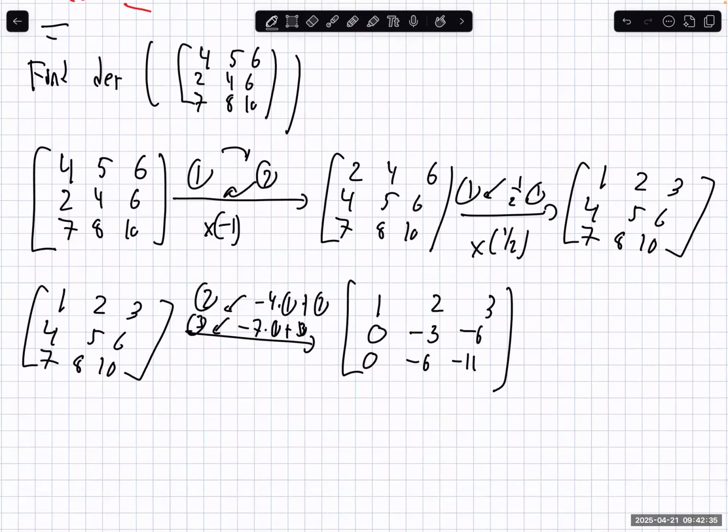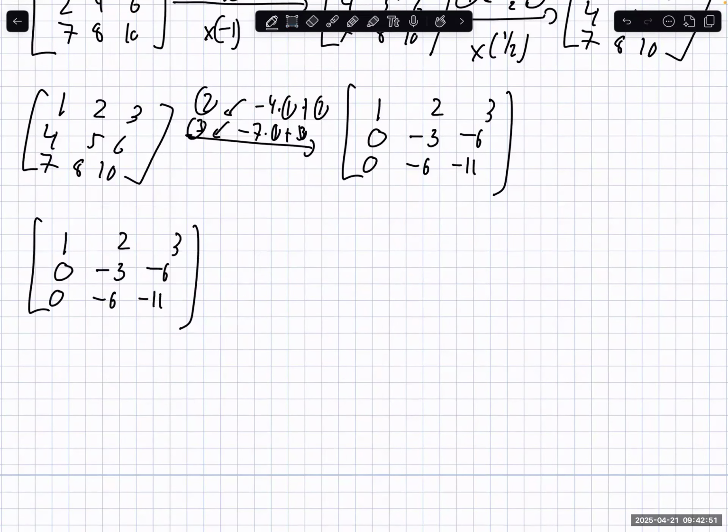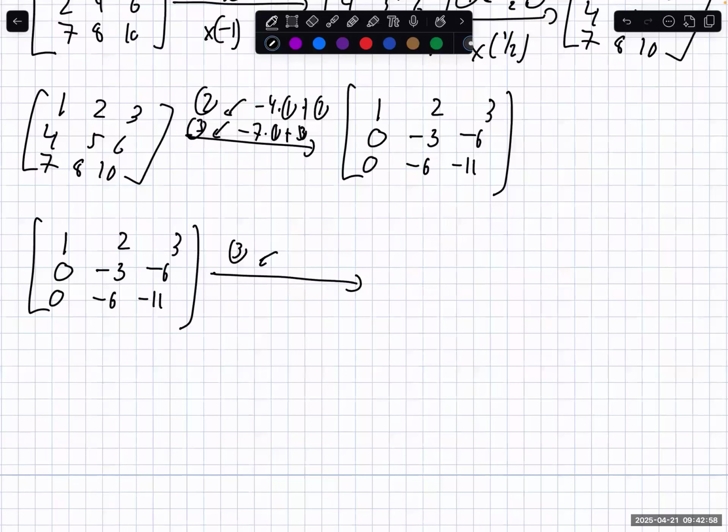Okay, almost upper triangular. Replace row 3.